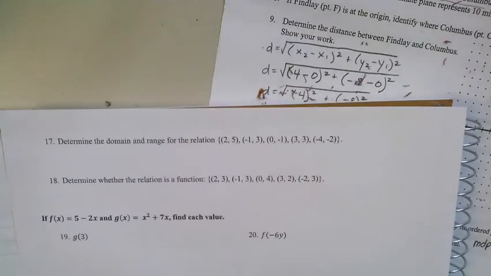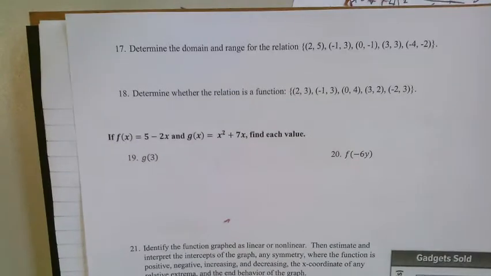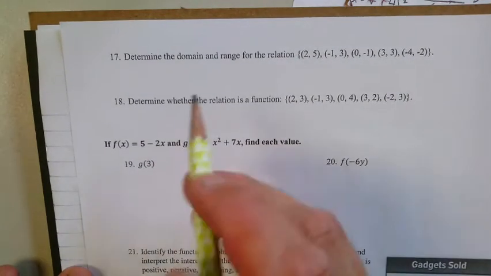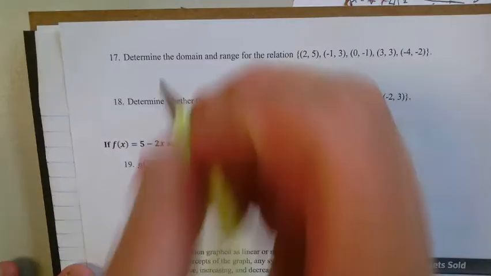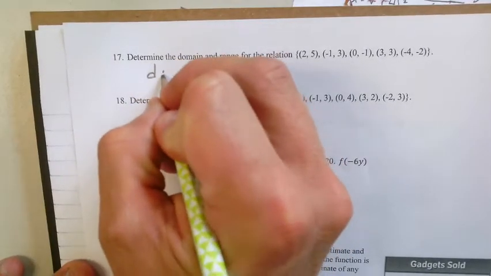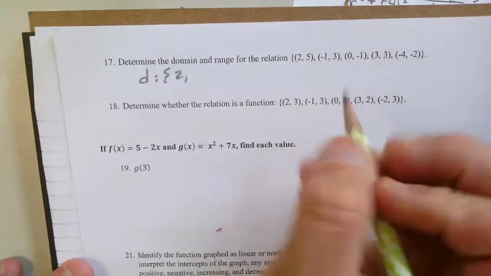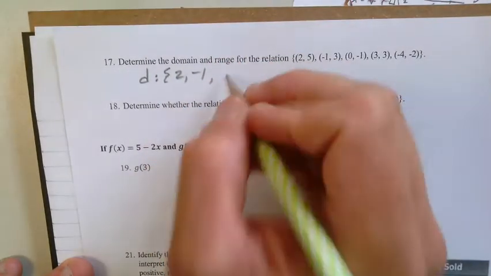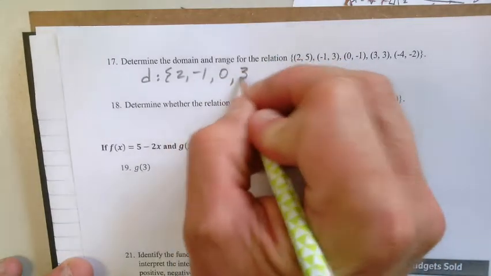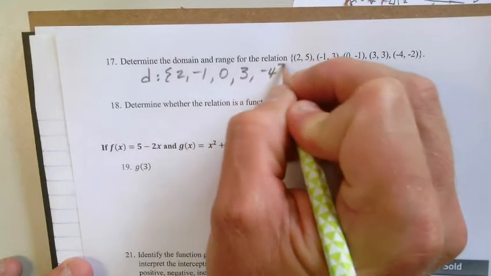All right. Now, to finish this off, we have some questions that, these are important, these last couple questions here. So the first one, determine the domain and range. Remember, the domain is all of the x values. So I'm going to say the domain would include 2, -1, 0, 3, and -4.